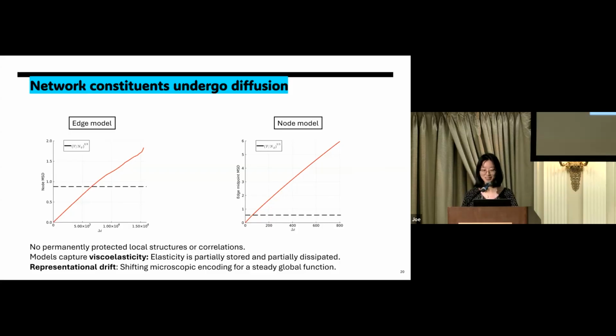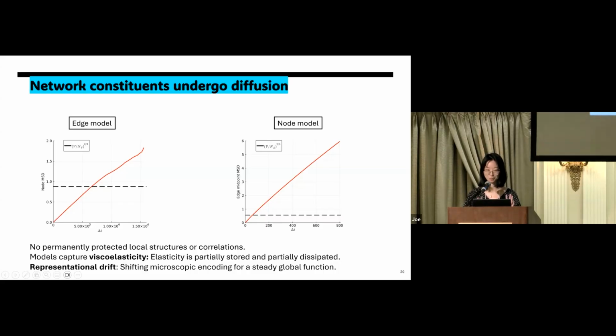And what's really surprising about this model is that the network constituents, including nodes and edges, undergo diffusion as in a liquid. So this means there are no permanently protected local structures or correlations, because everything is really destroyed and rebuilt. And the model also captures the viscoelasticity.